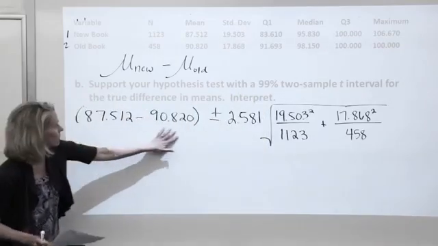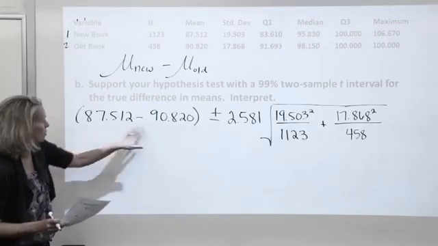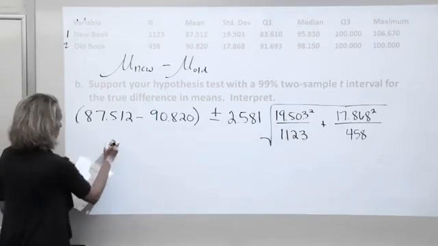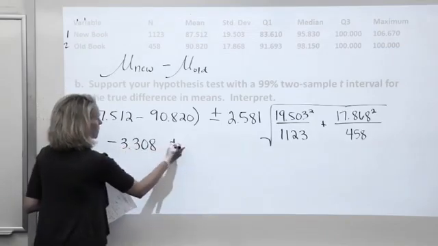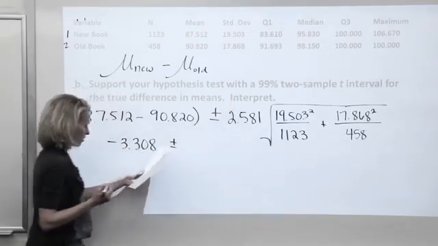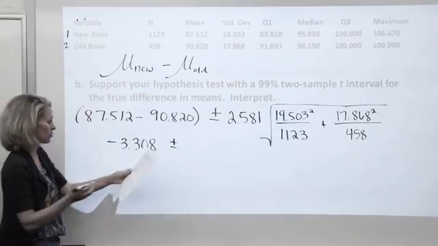All right, if we look at the difference in homework scores between the new and the old book, the difference here is negative 3.308. And that margin of error is 2.627.